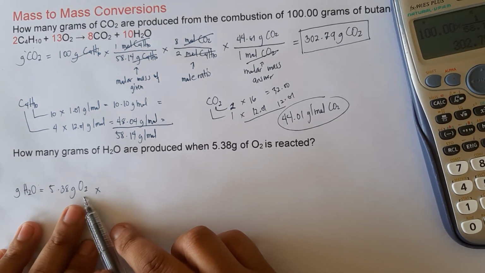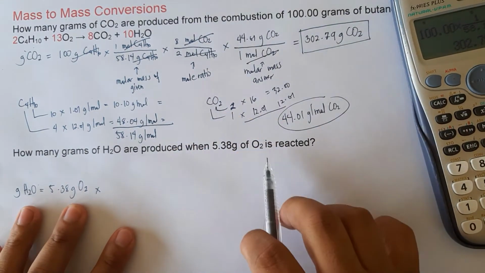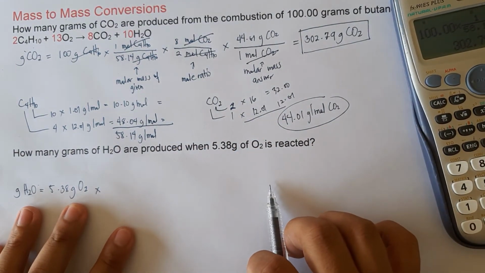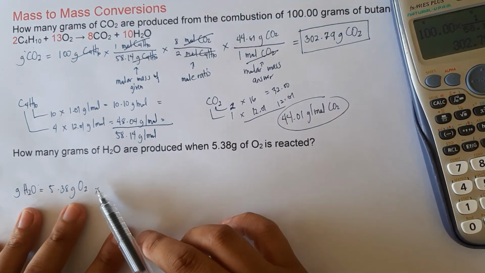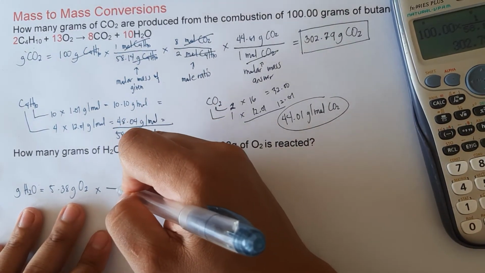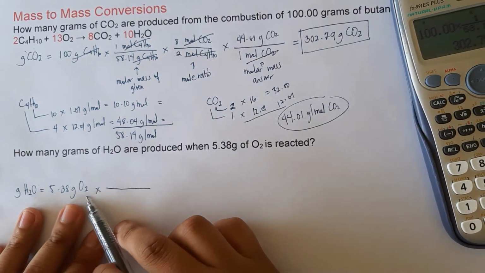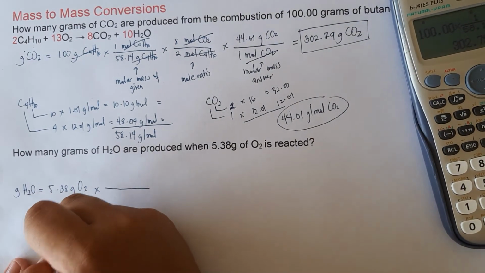And we convert it first into moles so that we can use the mole ratio and proceed to mass of water. So first thing to do is we need to write the molar mass of the given. So the molar mass of the given is 16.00 times 2 kasi diga oxygen gas yan.